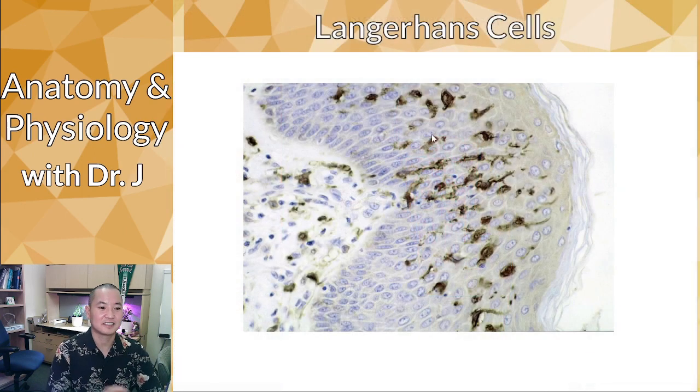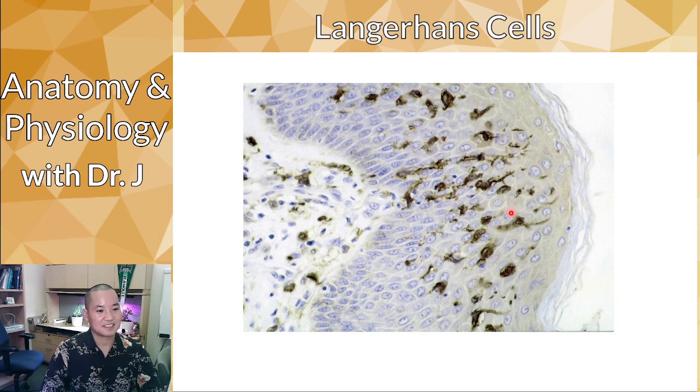But fortunately, in the epidermis, you have these cells called Langerhans cells. Notice this is the stratum corneum over here, and here we have the stratum basale, and all of these cells over here. These dark cells are Langerhans cells. They're not melanocytes. Melanocytes are a different type of cell.